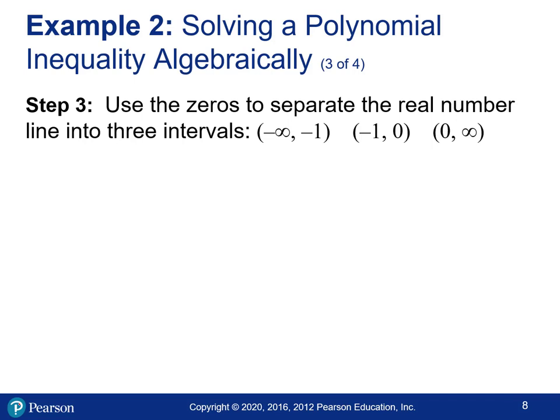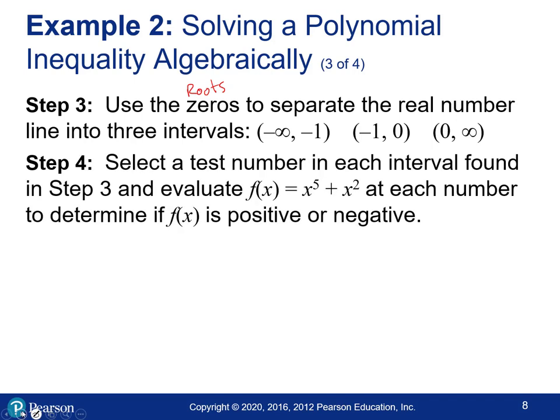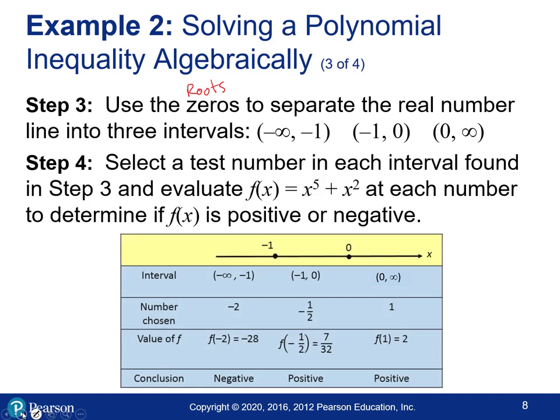Okay, so now we're going to use those zeros, which we call real zeros or roots, to separate our number line and pick some numbers around the numbers that we found to figure out which part of the number line satisfies our inequality. Let me show you what I'm talking about.